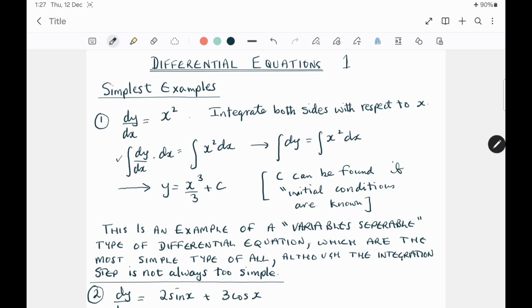On the left-hand side, you can consider the dx's as cancelling out. And so we end up with this next step here, which is the integral of dy equals the integral of x squared dx. Integrating both sides, the left-hand side becomes y, the right-hand side becomes x cubed over 3. And I've added on a constant c.